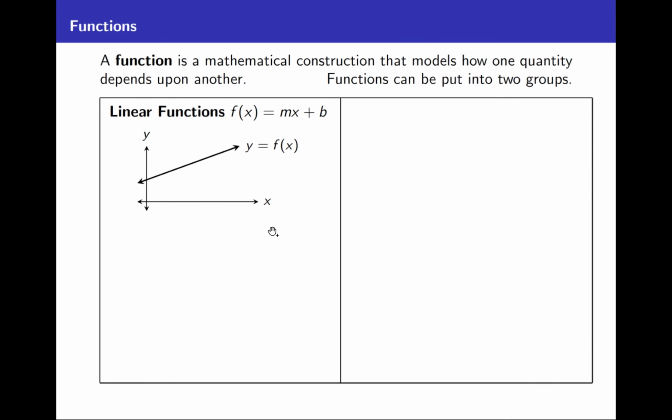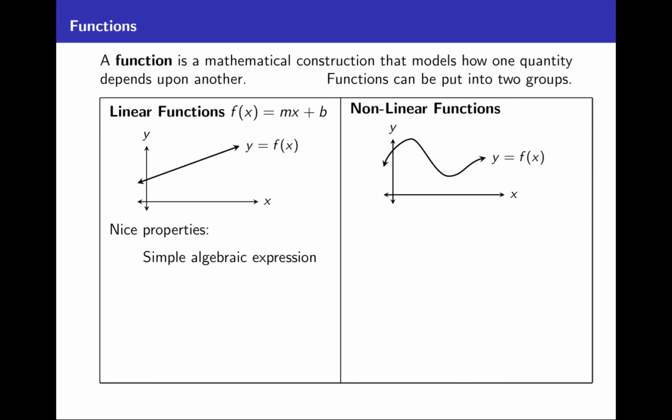Their graphs are lines. That's why they're called linear functions. The slope is m, the y-intercept is b. On the other hand, there's everything else, what we call the nonlinear functions, and their graphs are not straight lines.